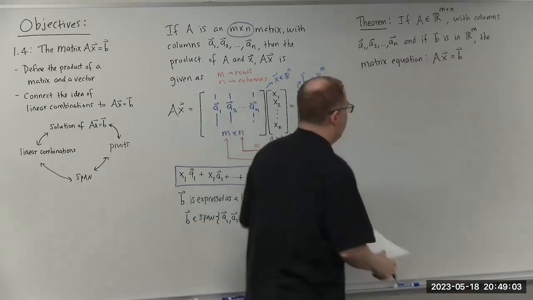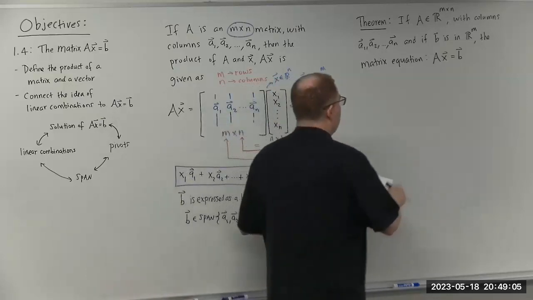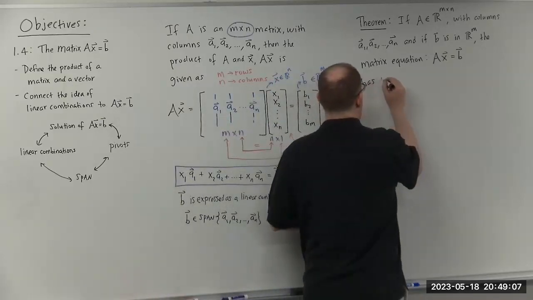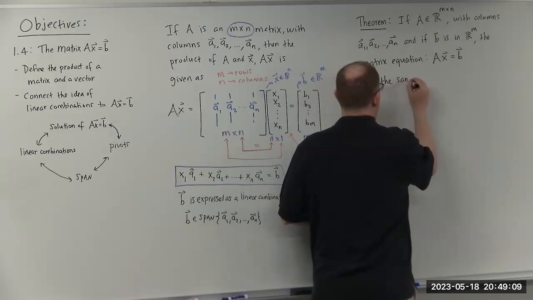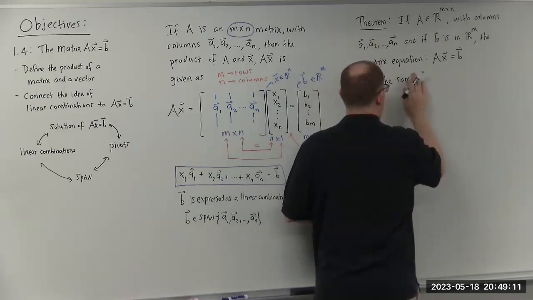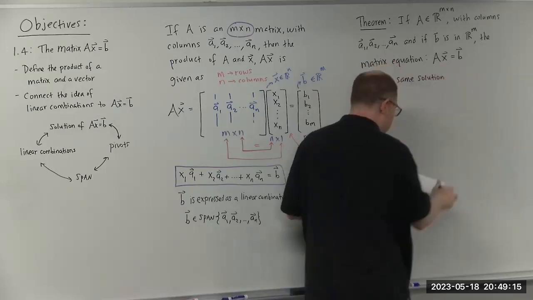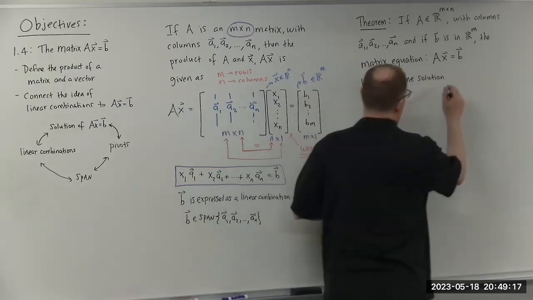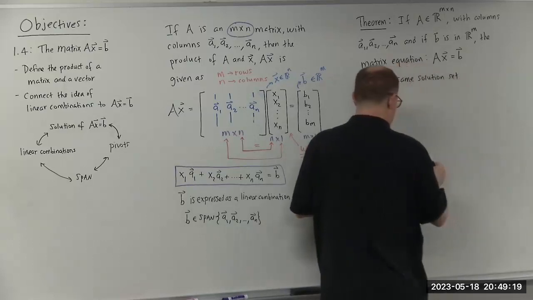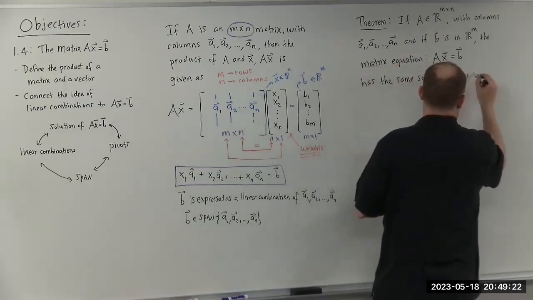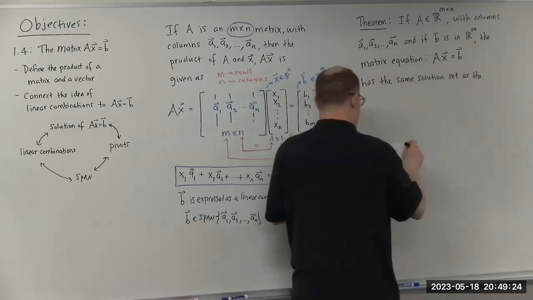So the matrix equation AX equals B has the same solution set as the vector equation.